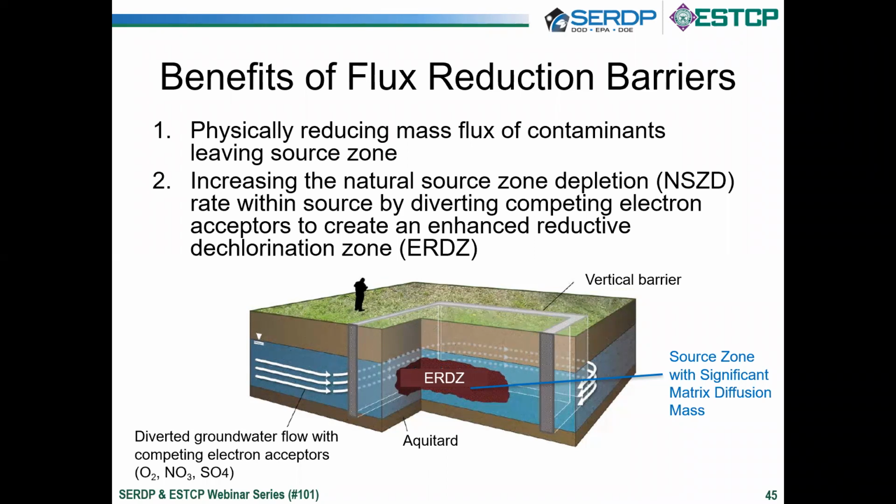And so by diverting these competing electron acceptors, we can create an enhanced reductive dechlorination zone. And so overall, this technology has the potential to provide long-term treatment of source zones where the mass flux is greatly reduced, back diffusion is managed, and attenuation rates within the source zone are increased.